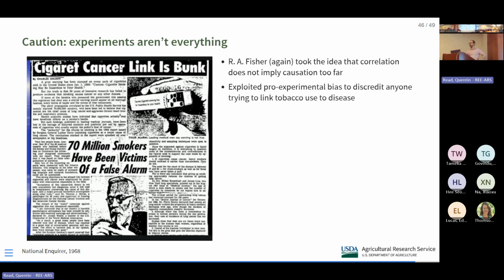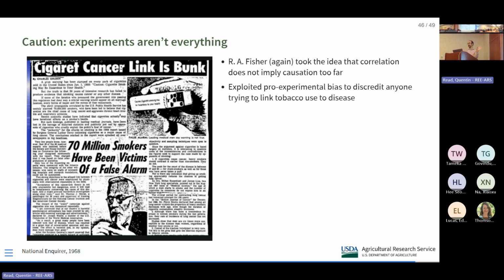He was paid off later in his career by the tobacco industry to advance this idea. It wasn't really known for sure that tobacco use increased the risk of cancer. That was a new idea at the time, and obviously the cigarette manufacturers were trying to suppress that idea.